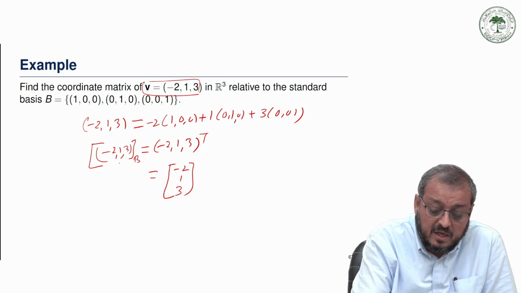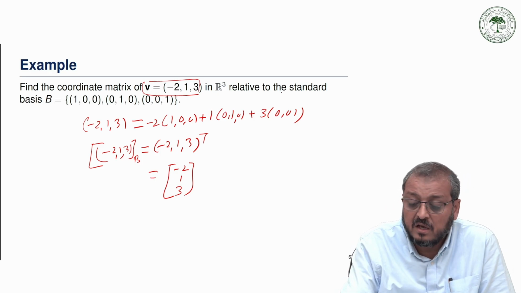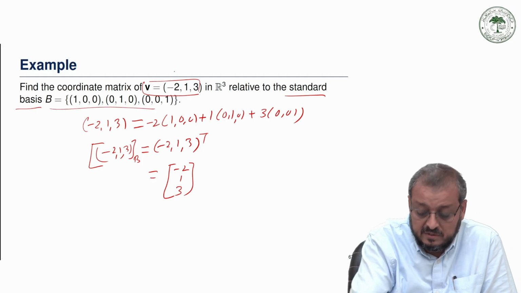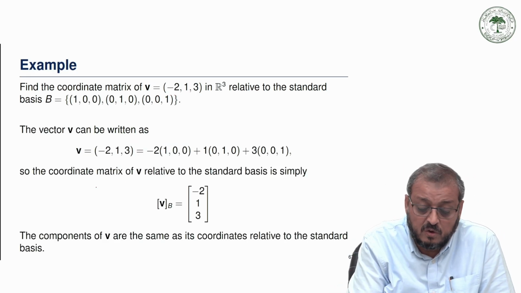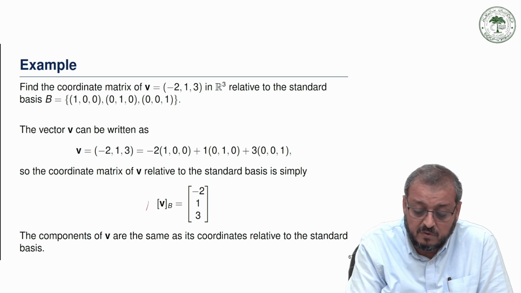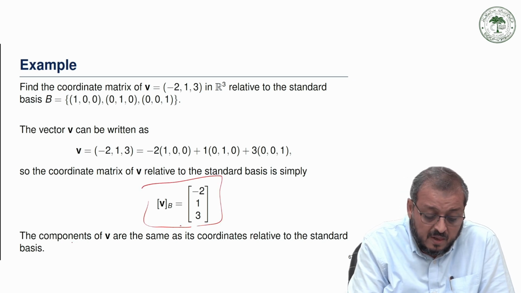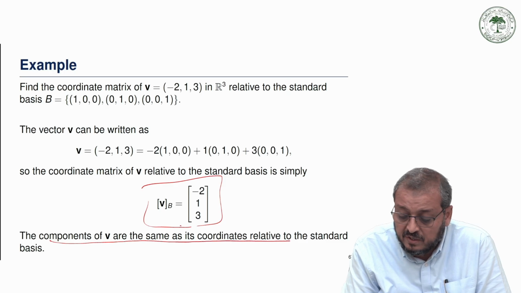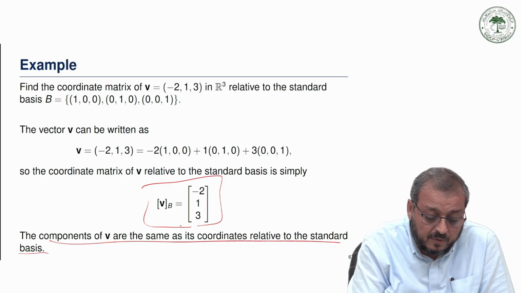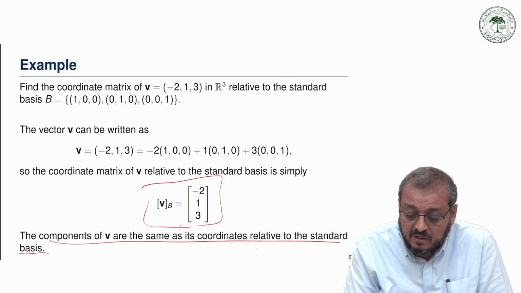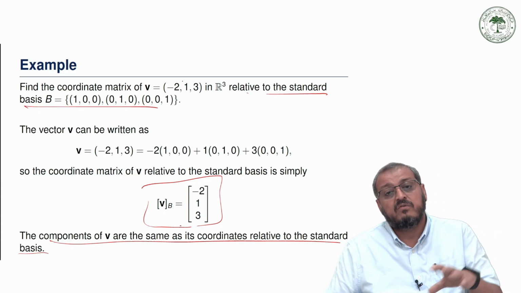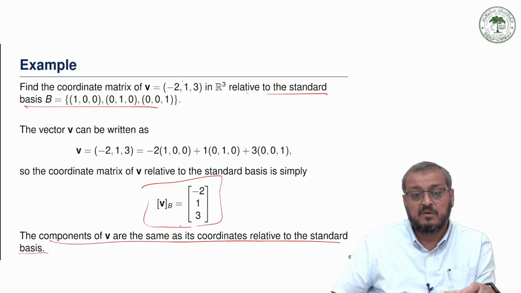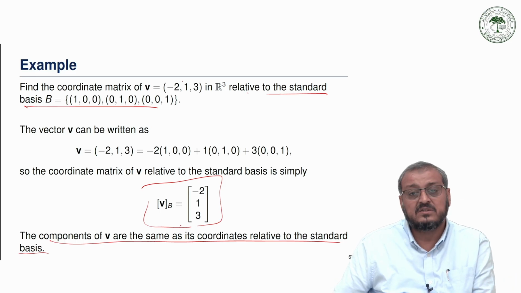So if this is the standard basis, then the same vector is what we get. So the coordinate matrix of V relative to the standard basis is in this form: the components of V are the same as the coordinates relative to the standard basis. If we have a standard basis, then whatever vectors we write as a linear combination, their coordinate vectors are the same as the scalars in this form.